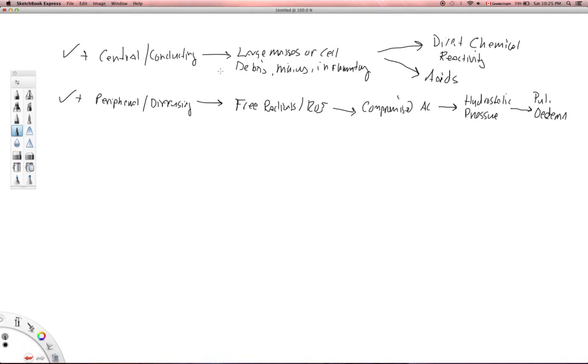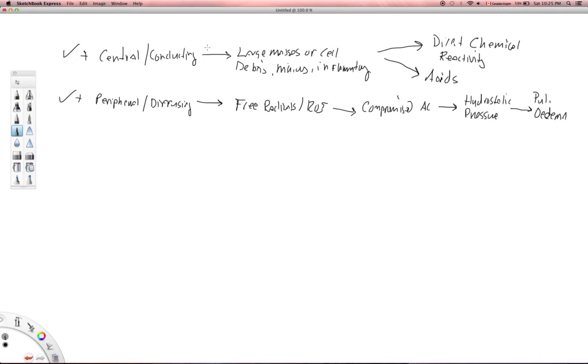So with your central or conducting airways, you're going to have things like wheezing, coughing, sneezing, hoarseness. You're going to even have stridor possibly. Of course, if you have significant stridor or carbonaceous sputum, your patient appears to be compromised in any way, or you're worried about burns, you would really want to worry about early intubation in these particular patients.